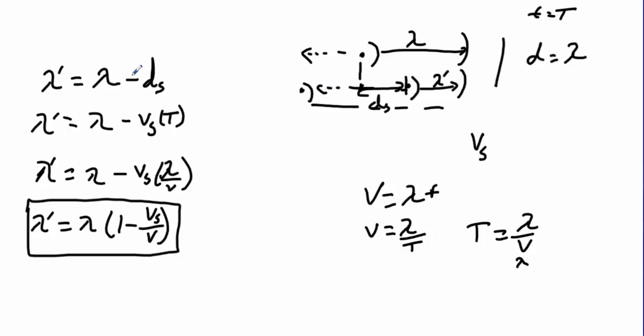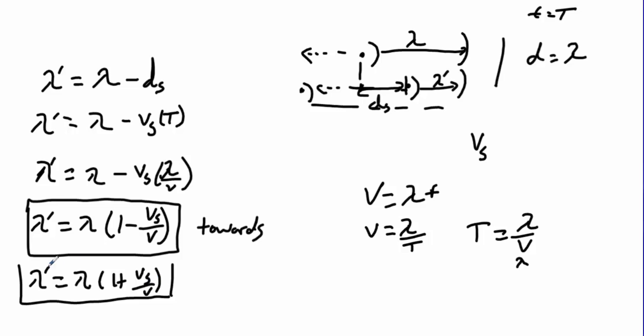So all we'd have to do is change this to a plus, which changes this to a plus, which changes this to a plus. So this is for moving towards. If we want to know about the lambda prime for moving away, we just change that one sign and we have 1 plus Vs over V. Again, that's the velocity of the source divided by the velocity of the wave, and this works for moving away.